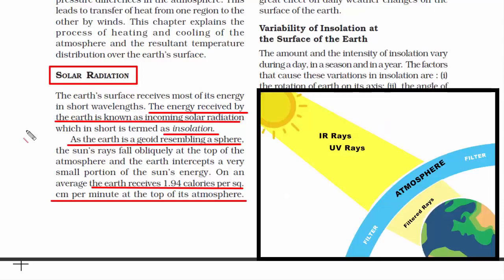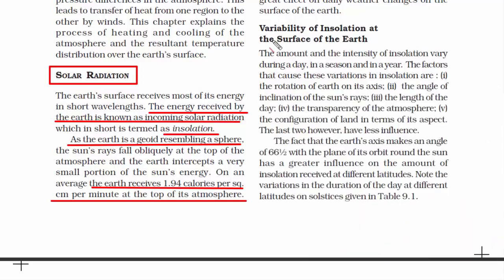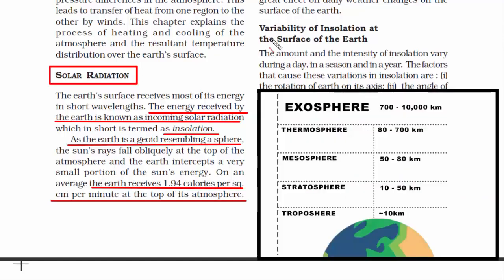Well, as I said, the atmosphere blocks most of the sunlight, and only a very small portion of the sun rays falls on the Earth. In the previous chapter, I explained that the atmosphere has 5 layers, right? The outermost layer is the exosphere. So the sun rays first hit the outer layer of the atmosphere, which means all the radiation that reaches the outer layer of the atmosphere is not the same amount received by the Earth's surface.